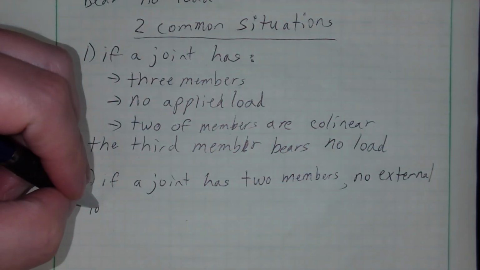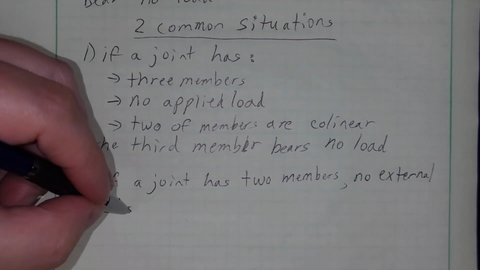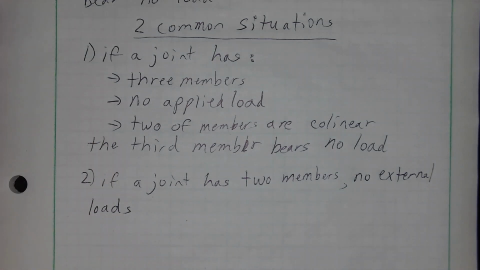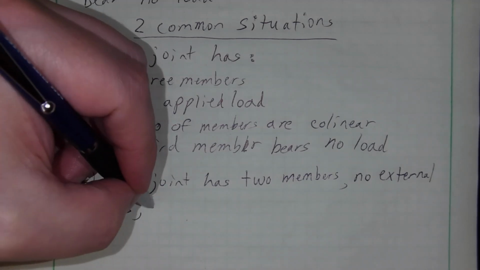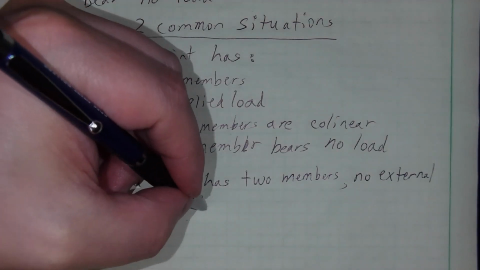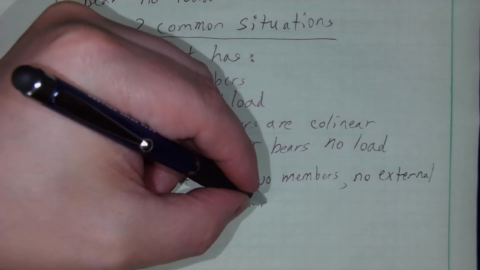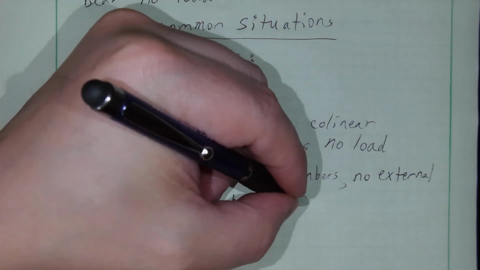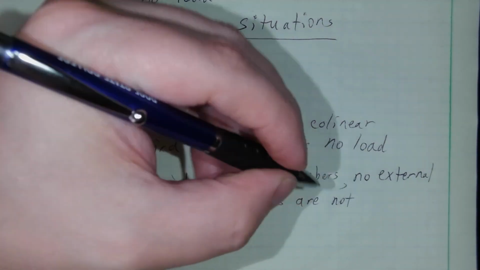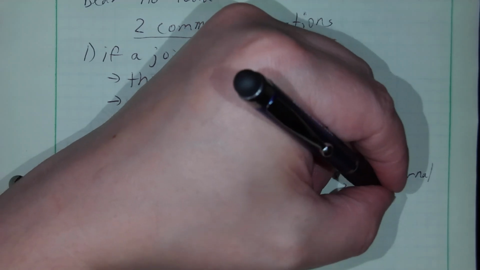By the way, reaction forces count as external loads. So that's an applied force or reaction forces. The only forces at that joint are 2 members. So you have 2 members, no external loads, and the members are not collinear.